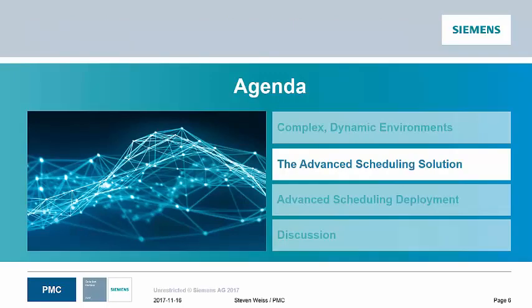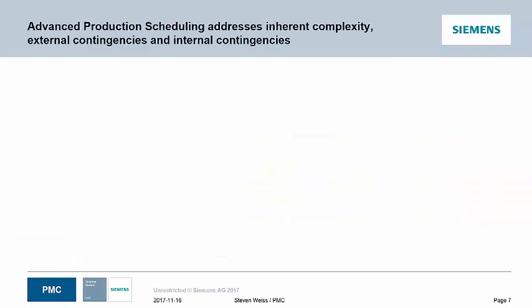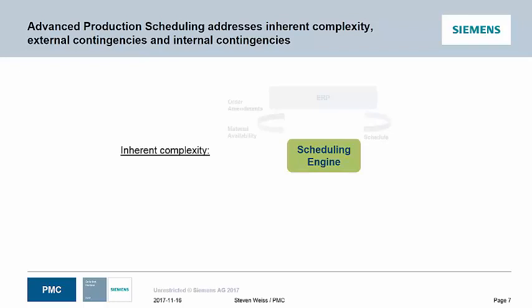So let's talk about the advanced scheduling solution that PMC provides in conjunction with Siemens, and this is the what. This is the best-in-class software solution that addresses inherent complexity, external contingencies, and internal contingencies. The core of the system will be the scheduling engine. And in our case, it is the Preactor scheduling engine, which we'll discuss in greater detail.